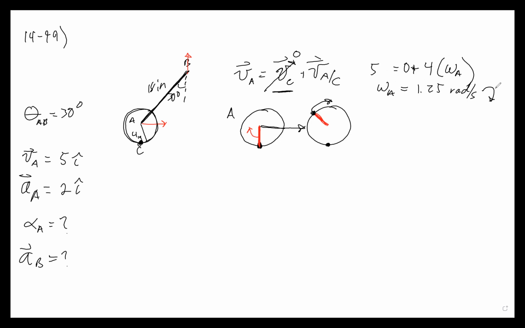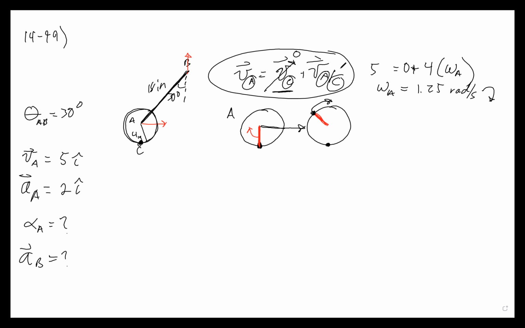All right, we learned something new. We got an omega A. All right, now what is that going to do for us? Well, that is where the new information about finding accelerations comes in. So we've had a relative velocity diagram that we have been using to create these equations where you have one point velocity, another point's velocity, and the first point's velocity relative to the other point.